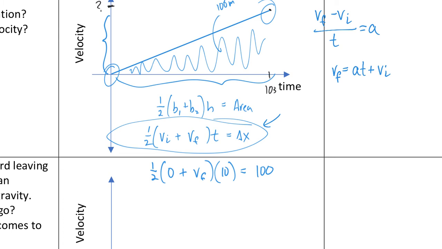Do you note what this looks like? Clearly, this tells me that if my velocity graph is a straight line, then I can use it to deal with acceleration.